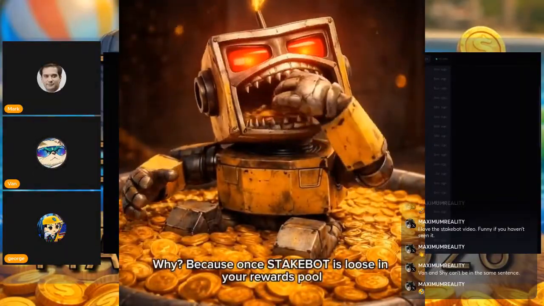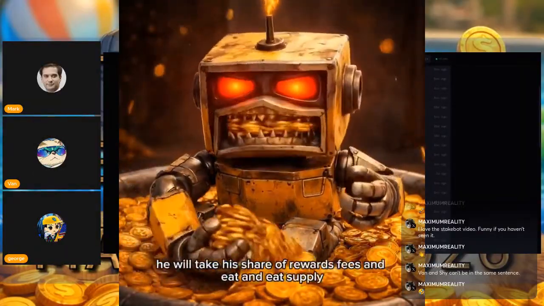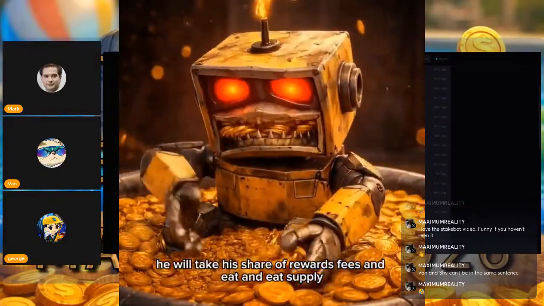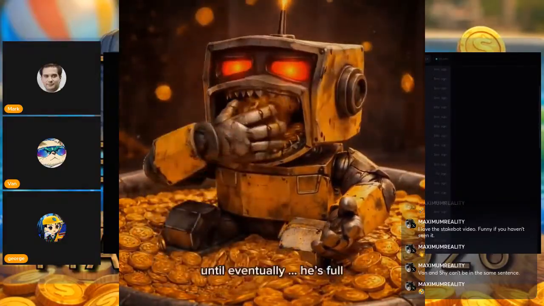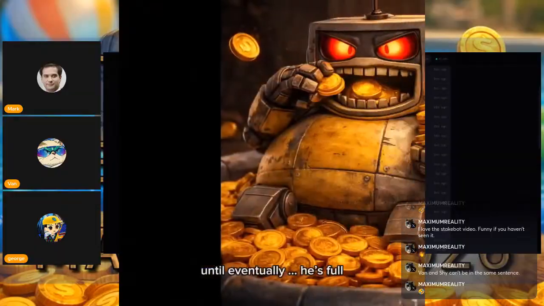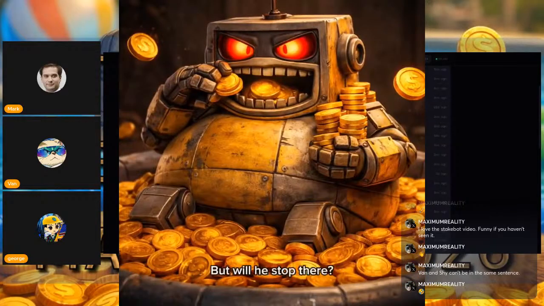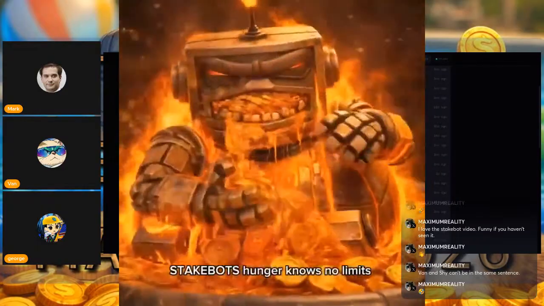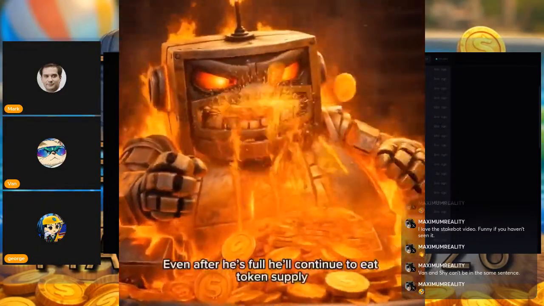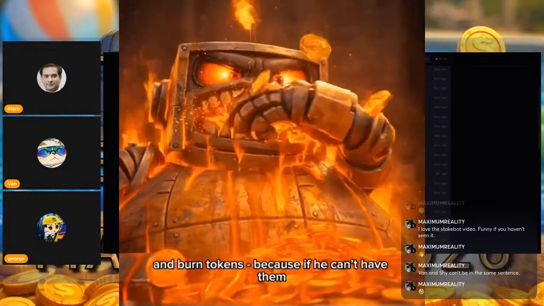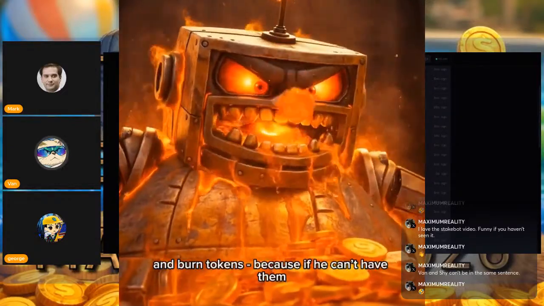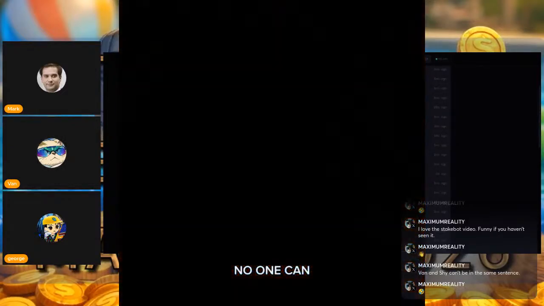Because once StakeBot is loose in your rewards pool, he will take his share of rewards, fees, and eat supply until eventually he's full. But will he stop there? Not a chance. StakeBot's hunger knows no limits. Even after he's full, he'll continue to eat token supply and burn tokens, because if he can't have them, no one can.